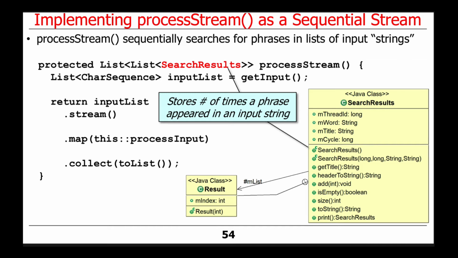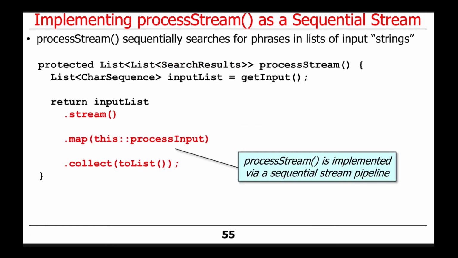So that's what a search results object is. And this is kind of interesting later when we talk about converting stuff between how filter and map work.